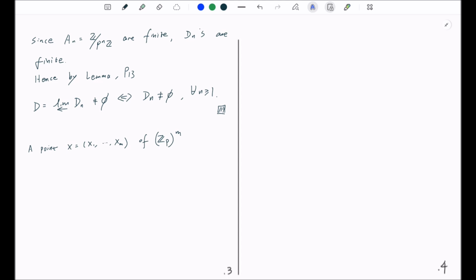And this x is a vector with m components. And this guy lives in Z_p^m. The point here is called primitive if one of x_i's is invertible in Z_p. That is to say, if those x_i's are not all divisible by p.